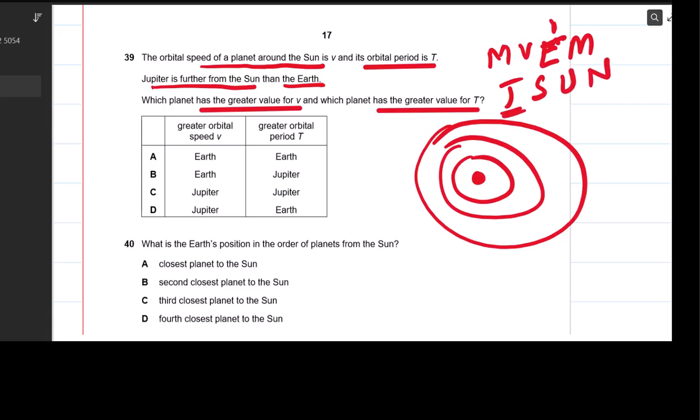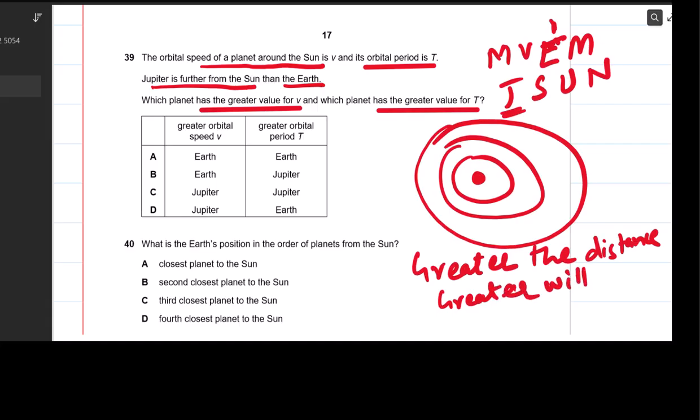So the greater the distance, the greater the orbital period. So it is Jupiter.